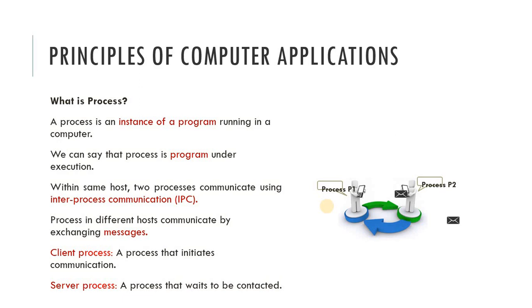If processes are on different hosts, they communicate by messages. Now a process is of two types, client process and server process. A client process initiates the communication, and the server process waits to be contacted.